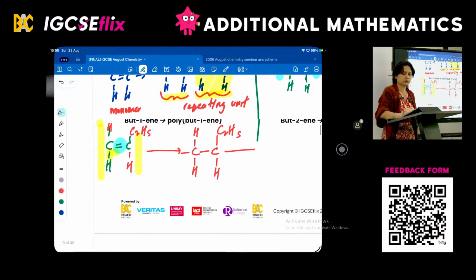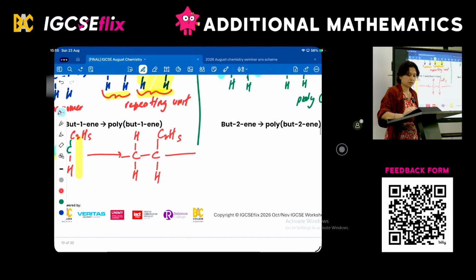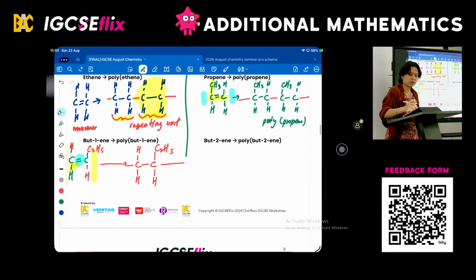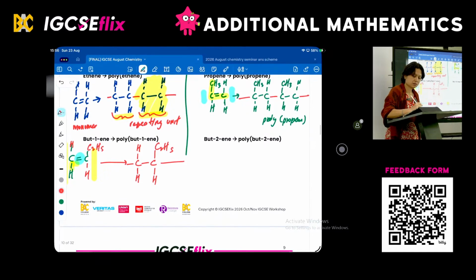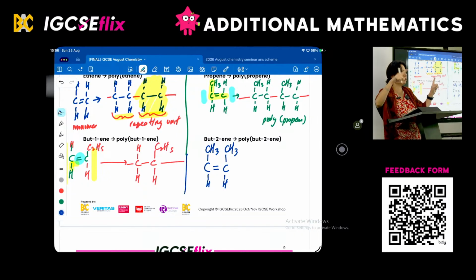Okay. Now, but-2-ene will be like this. CH3, CH3. Because if you put it down, it will be 1, 2, 3, 4, 4 carbons in a row.